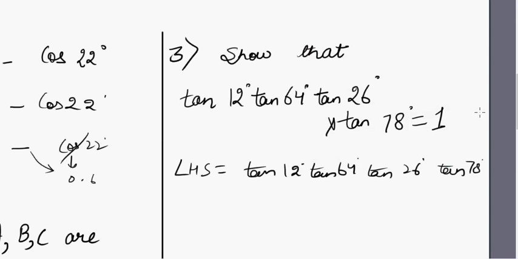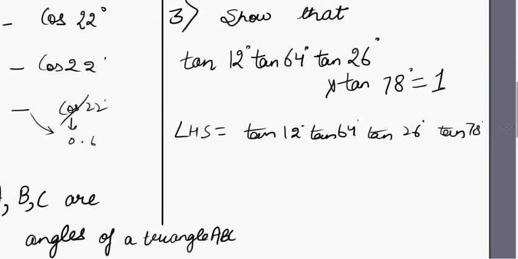So see, first of all we have to check which two angles are making a complementary pair. Friends, 12 can make a complementary pair with 90 minus 12, that is 78. So these two will be the complementary pair if by some means the complementary rule is applicable.